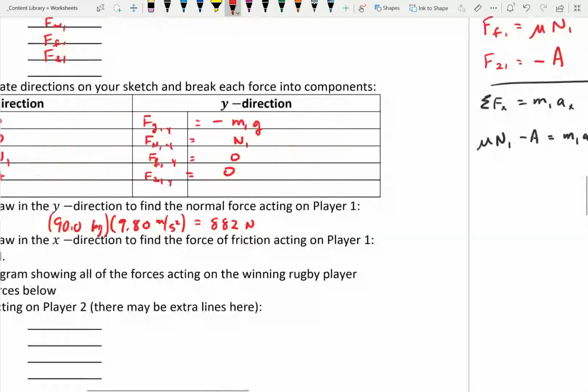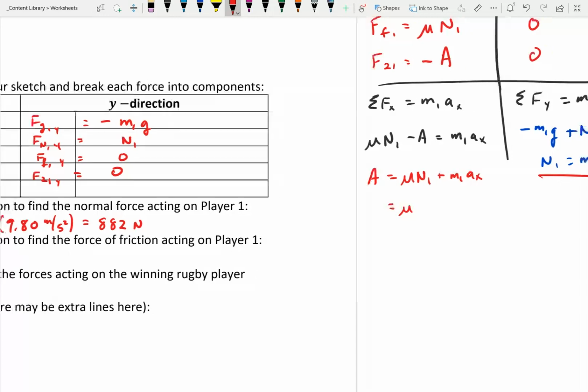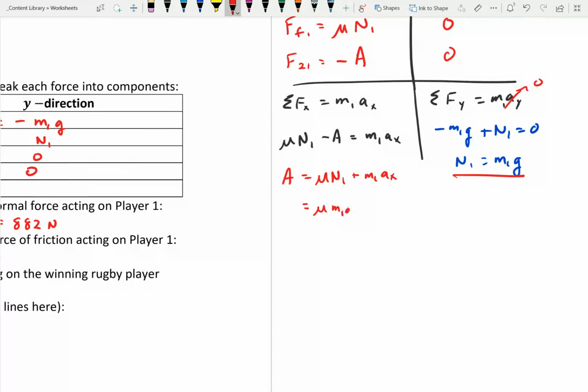Now apply Newton's second law in the x direction, and we have this equation. If I solve this for a, I have a is equal to mu n1 plus m1 ax. I could put in the number, but I'm actually going to put m1g plus m1ax just to make it very clear how this comes out.